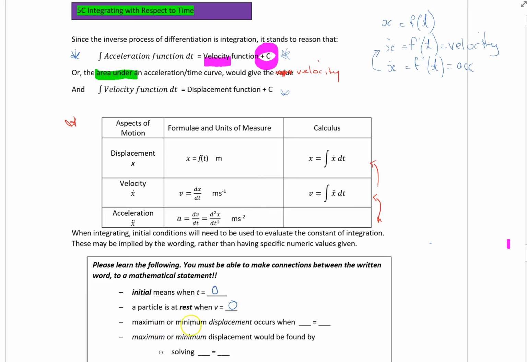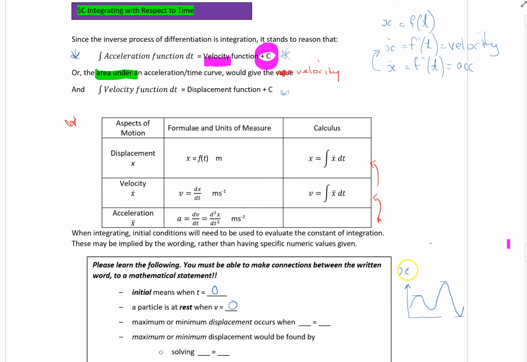The maximum or minimum displacement occurs when, so we think more about our graph here. If I've got a graph of displacement, where does it get to a max or a min? That is where we would previously have just said the first derivative is equal to 0, or the gradient of the tangent is equal to 0.